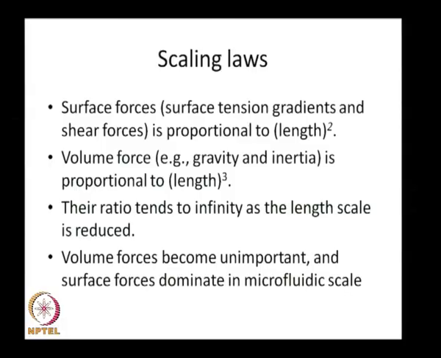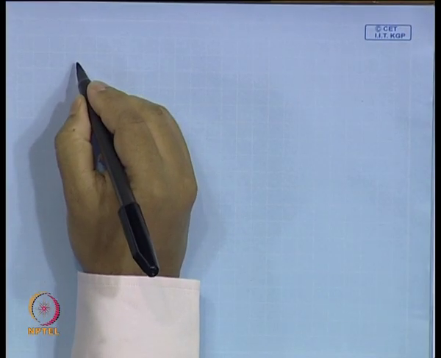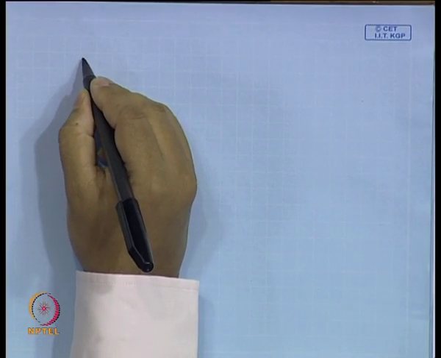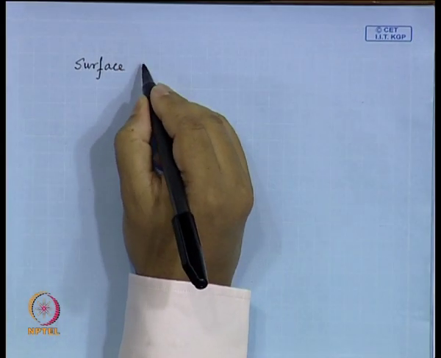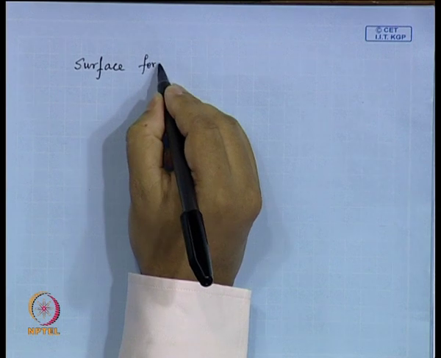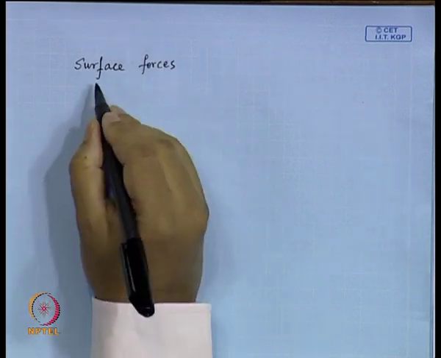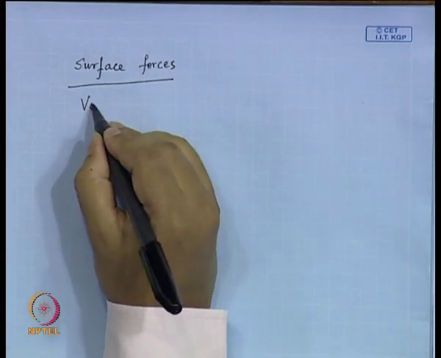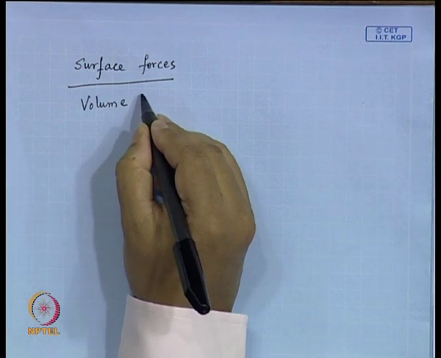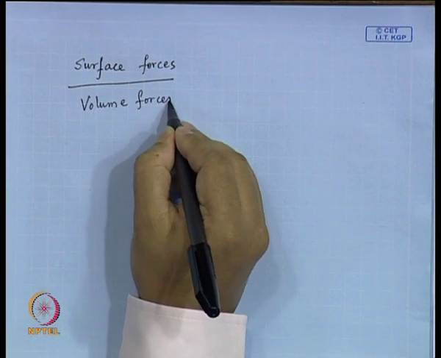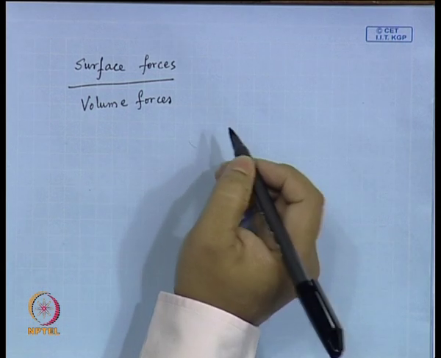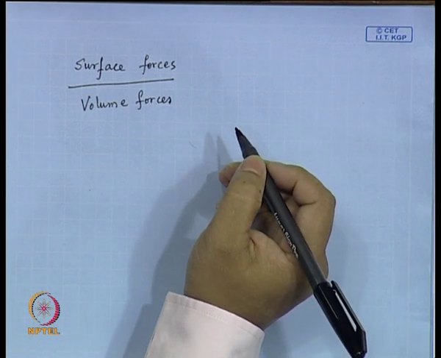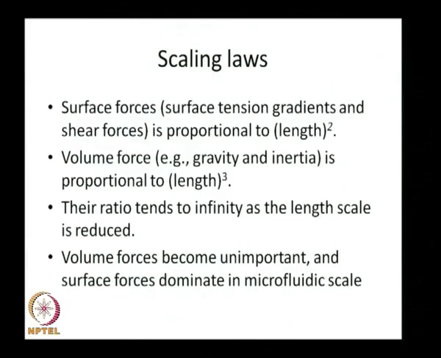if you write surface forces divided by volume forces, by surface forces I mean surface tension gradients or shear stresses, and volume forces are gravity and inertia.